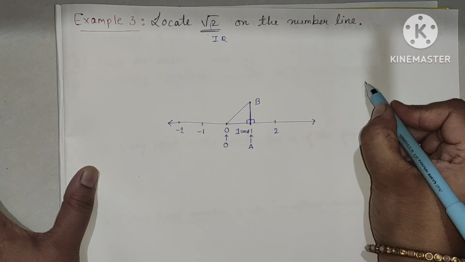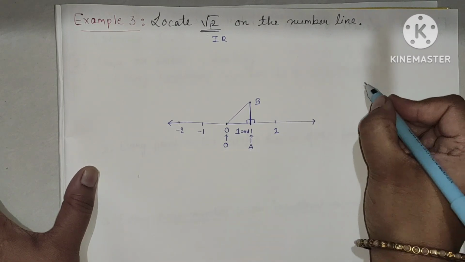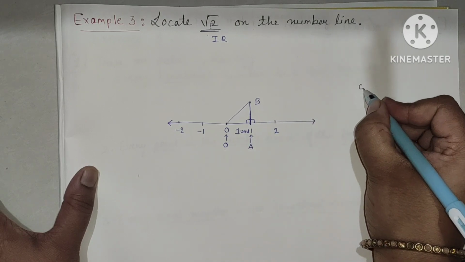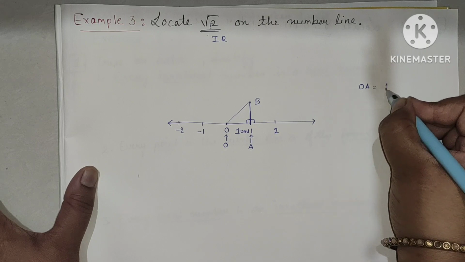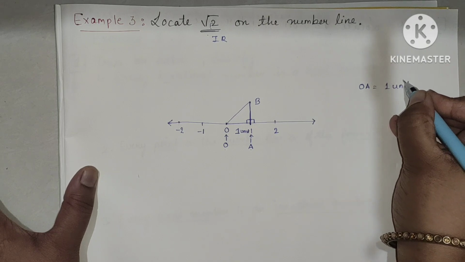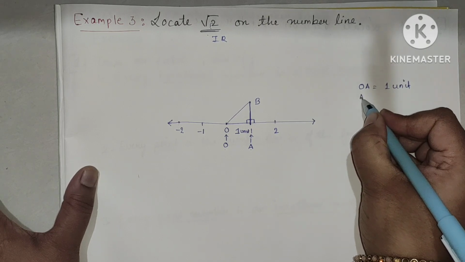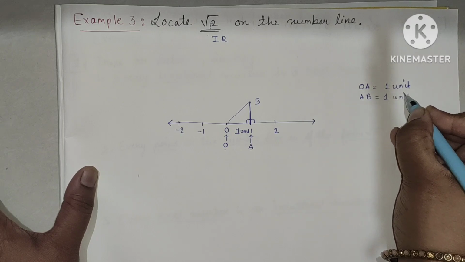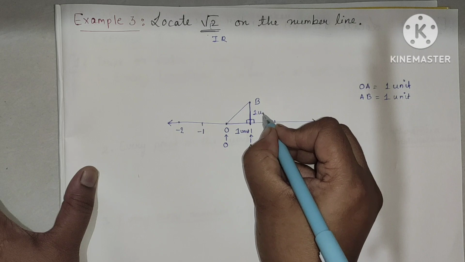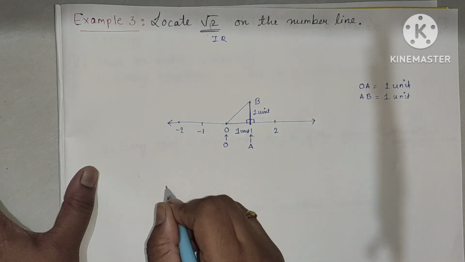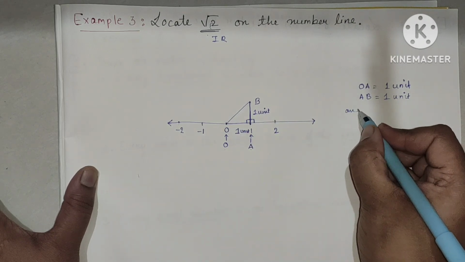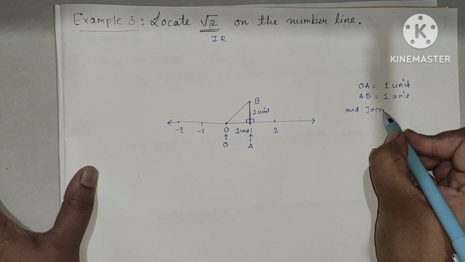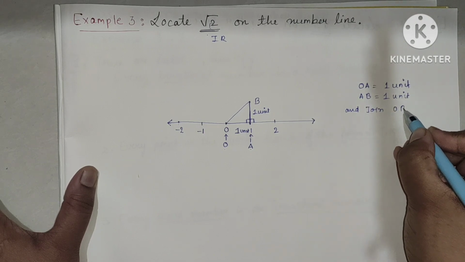We have labeled 0 as O and 1 as A. So we have OA equal to 1 unit, AB equal to 1 unit, and we join OB.